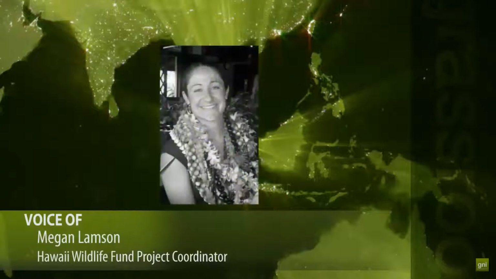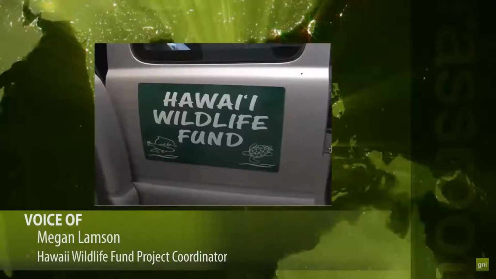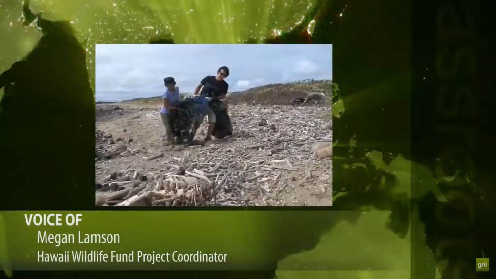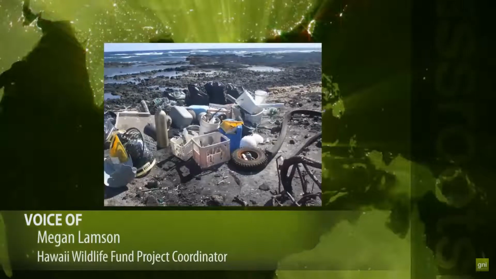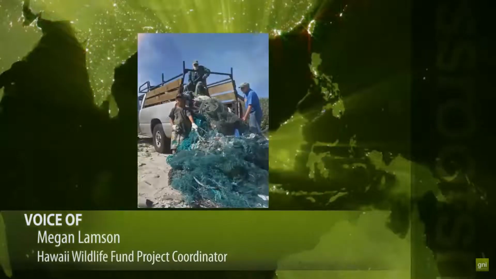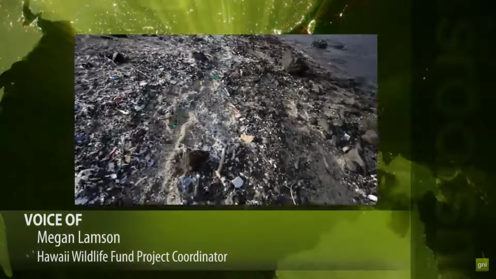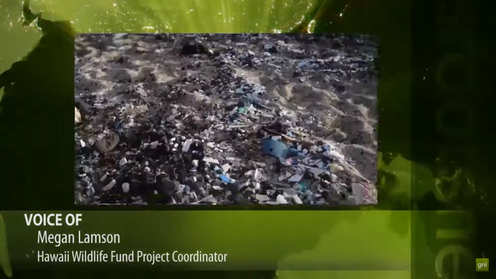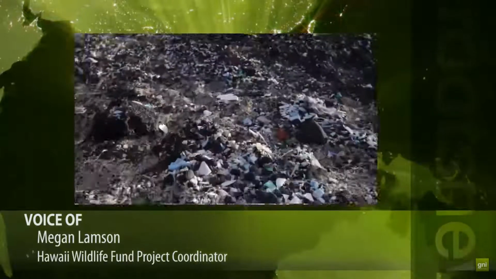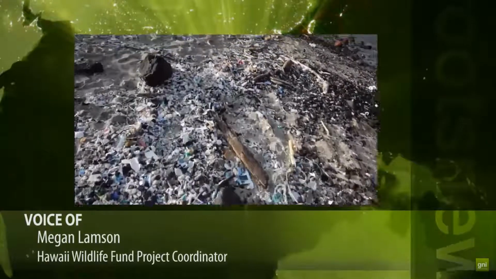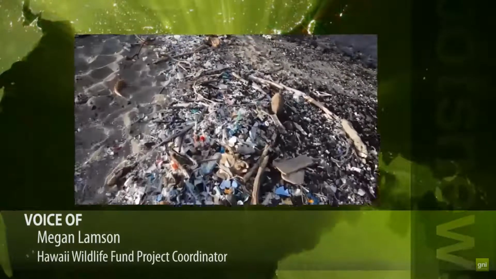Since 2003, Hawaii Wildlife Fund and hundreds of volunteers have worked to remove tons of marine debris from along the Ka'u coastline, the vast majority of which comes from the ocean. And it's places like California, Washington State, Oregon, Japan, Taiwan, Korea.